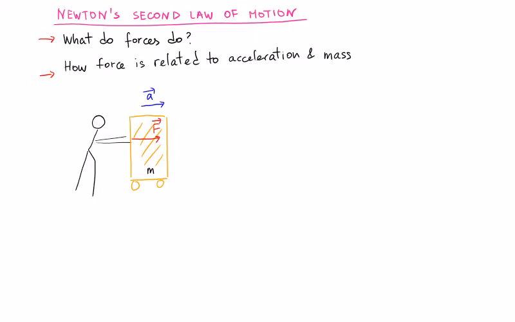Now, if another man joins and two people are pushing the same crate with mass m, the second man is doubling the force. Then you will see that acceleration doubles. So in this situation, you have to double the force.